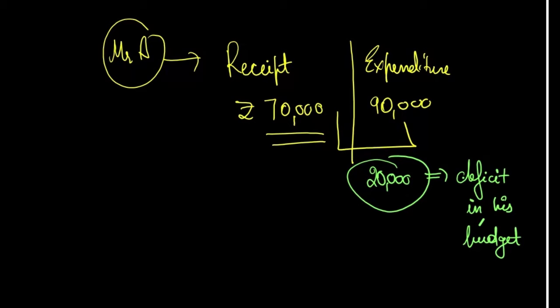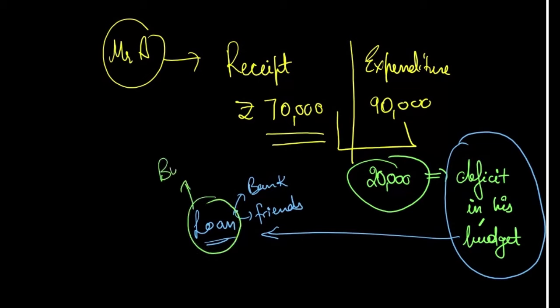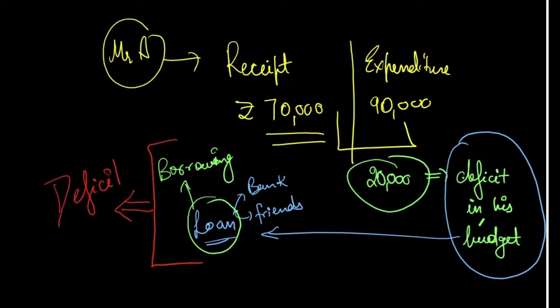For this, he may take a loan from a bank or friends. This loan is also known as borrowing. This is called deficit financing.